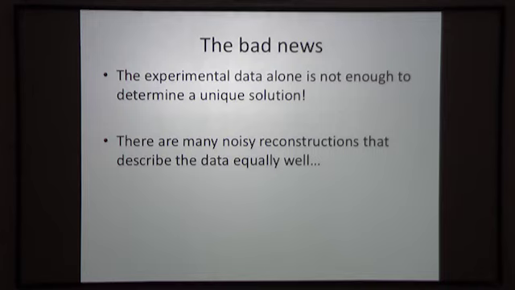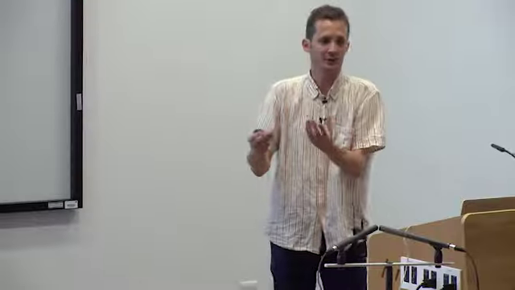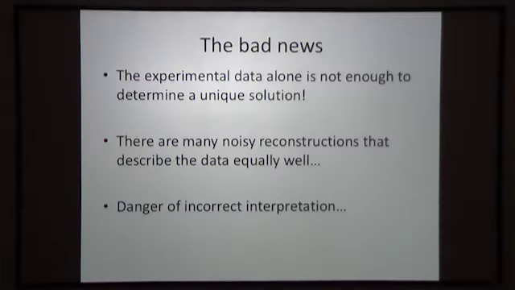That leads to a situation where many noisy reconstructions all describe the data equally well, which opens the door to incorrect interpretations, because we like high spatial frequency noise and we like staring at it because we think we can see side chains, but they might not actually be there.